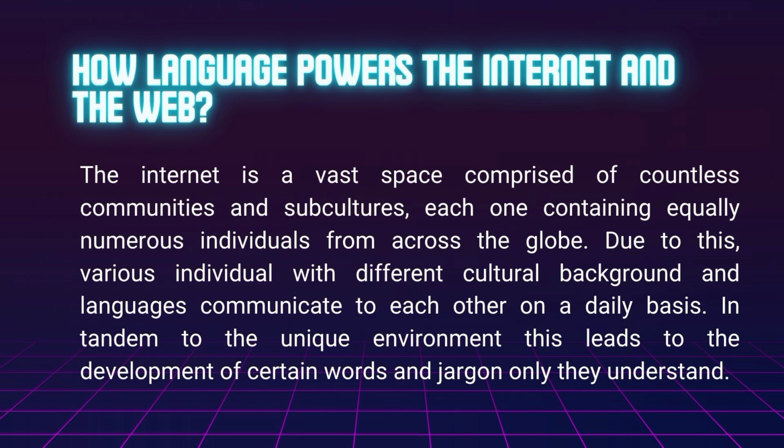However, even though these words are designed to be understood by individuals who are part of the aforementioned subculture or subgroup, sometimes these unique words leak out to the public due to how popular or how numerous the individuals in this subculture are.